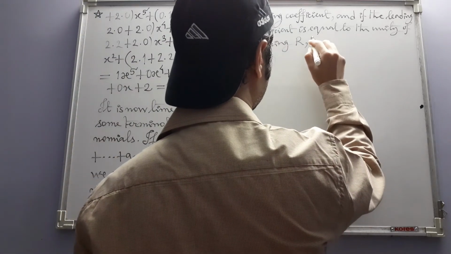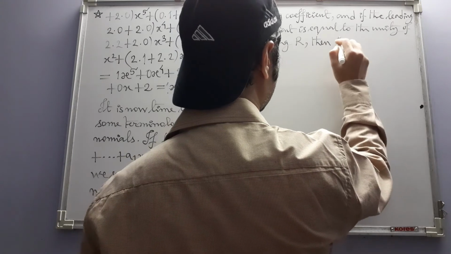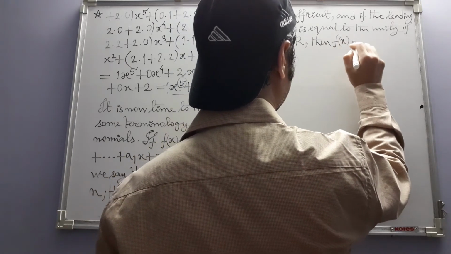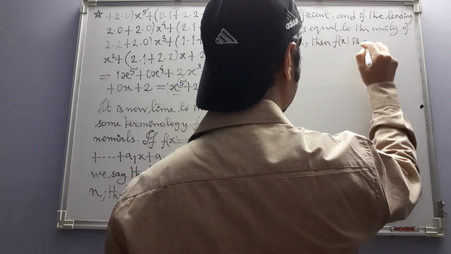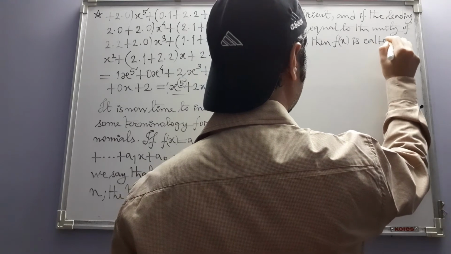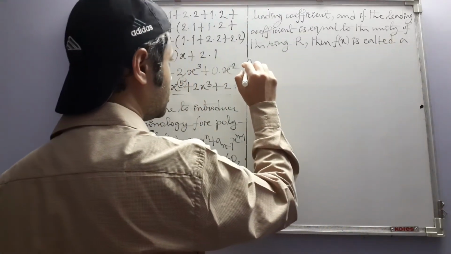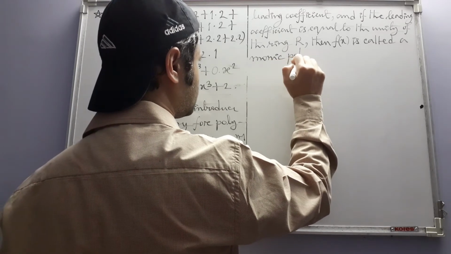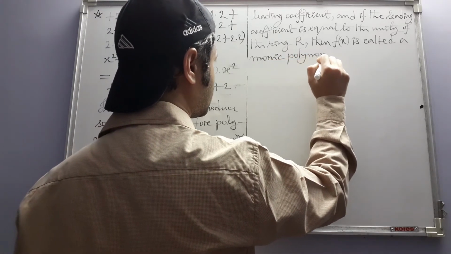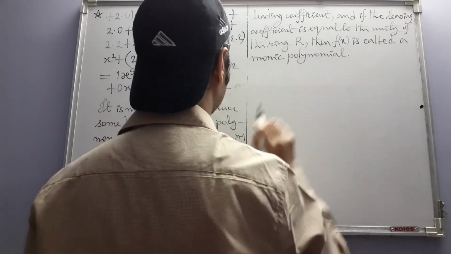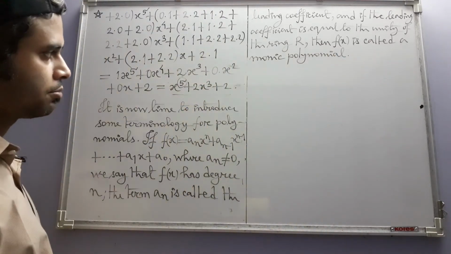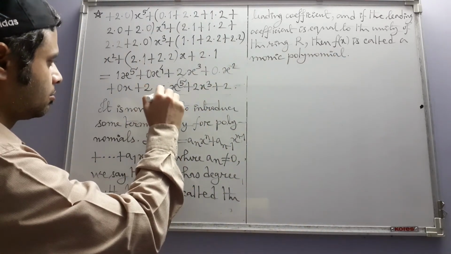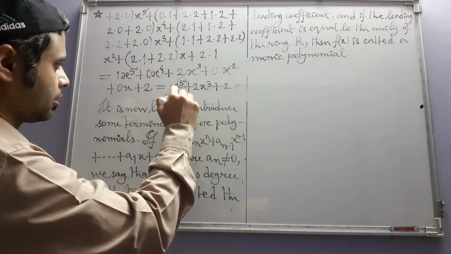then f of x is called a monic polynomial. That means this is a monic polynomial in C3x.